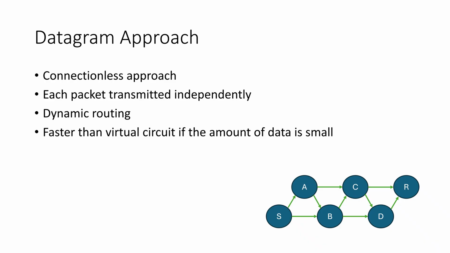This also helps handle congestion and link failures. And this approach turns out to be faster than the virtual circuit approach if the amount of data is small. For instance, we have the sender and the receiver again, but this time we have datagrams which can travel independently. They can take any path in this network.